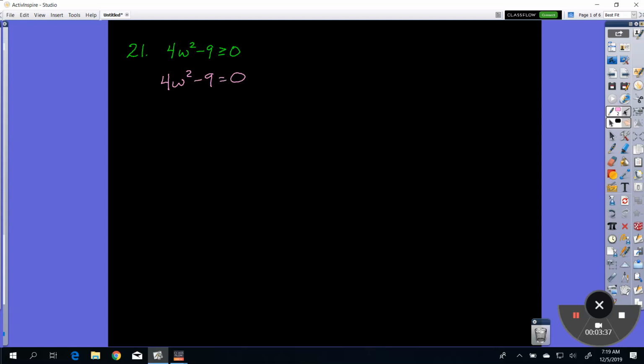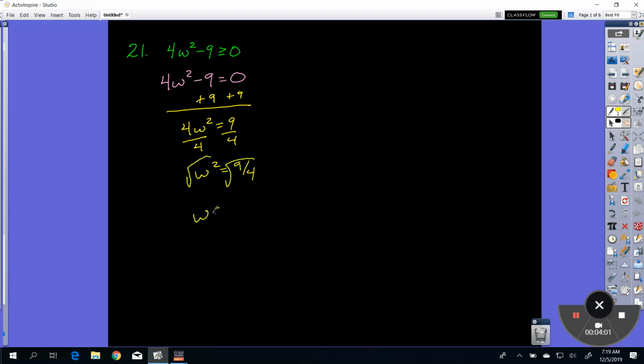And so now to solve that, you could factor, or you could add the 9 over to the other side and have 4w squared equals 9. And then divide it by 4. So w squared equals 9/4. And then to get rid of the squared, square root.